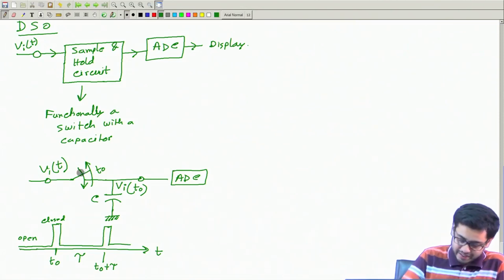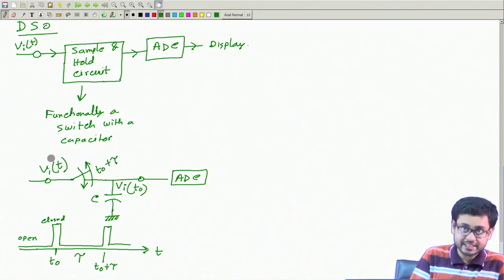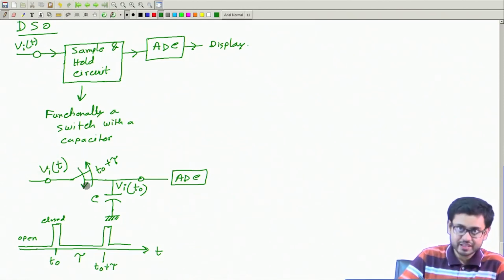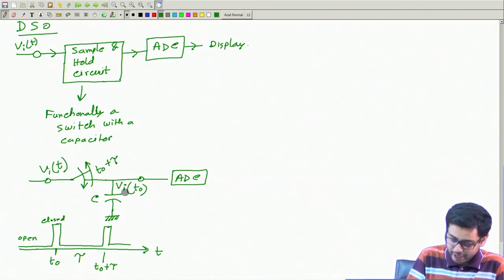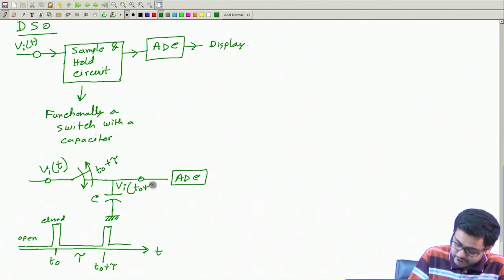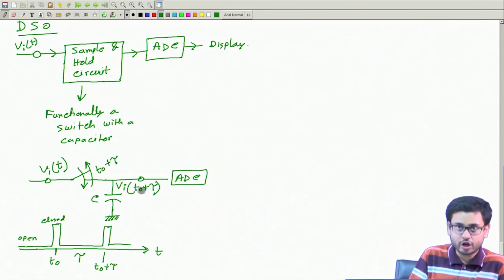This voltage is continuously changing, and when you close the switch at t naught plus tau, the voltage across the capacitor will change to the new value Vi(t naught plus tau).